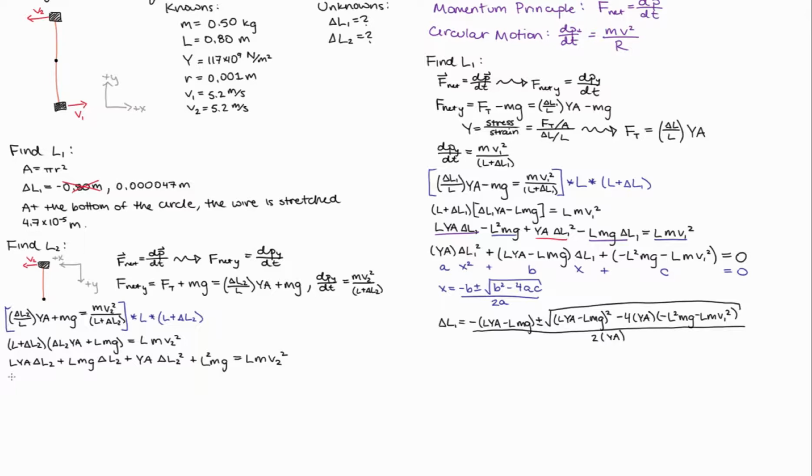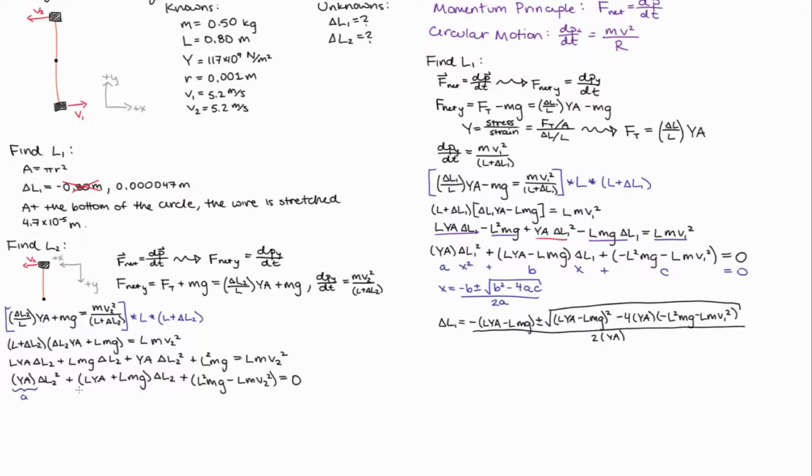Once again, we can bring all terms over and group by powers of delta L2. Take a moment to do this for yourself and identify the coefficients that you will plug into the quadratic formula. We obtain the expression YA delta L2 squared plus the quantity LYA plus Lmg times delta L2 plus the quantity L squared mg minus Lmv squared, all equal to 0.